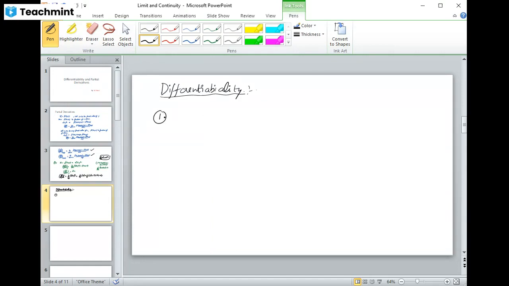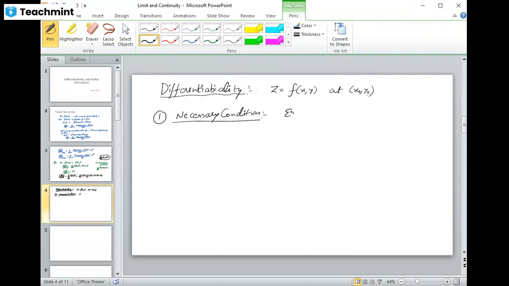The first one is the necessary condition. Suppose I want to check the differentiability of the function z equal to f of x y at a point x naught y naught. So what is the first condition? That is the necessary condition.